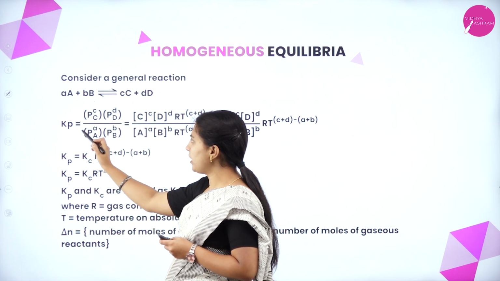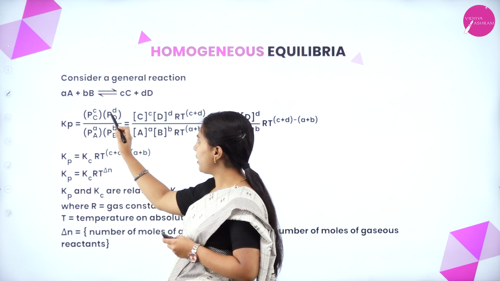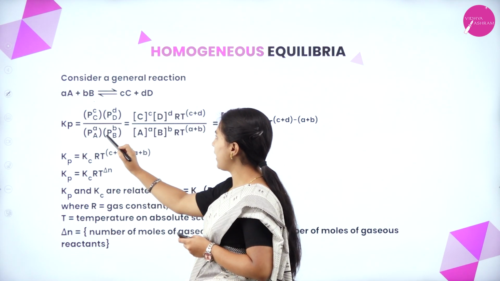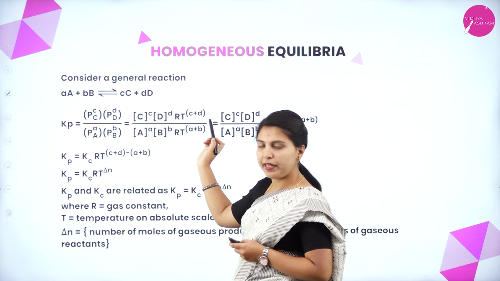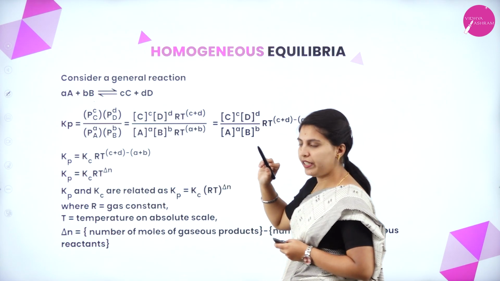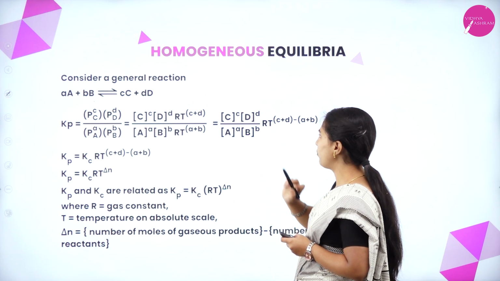At partial pressure, see here, the pressure of C raised to its moles, the pressure of D raised to its moles. This is product, this is reactant. RT is the gas constant and temperature, written like this, and the moles are added as powers. It will become C and D, A and B with their moles.